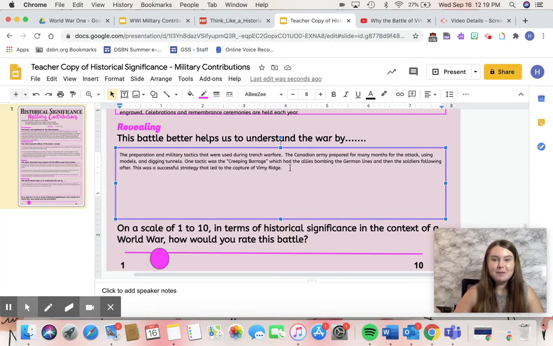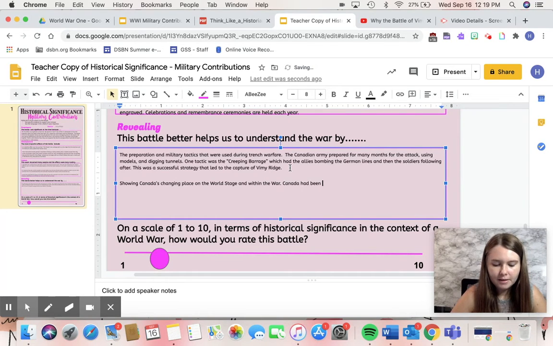So the battle helps us better understand the war by showing Canada's changing place on the world stage and within the war. Canada had been seen as a small branch of the British military, but now they were standing on their own.